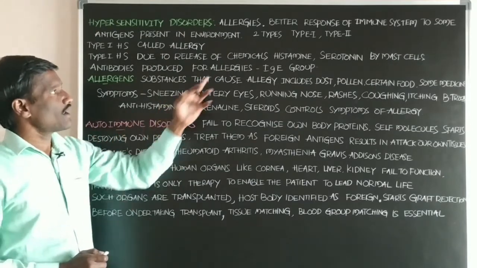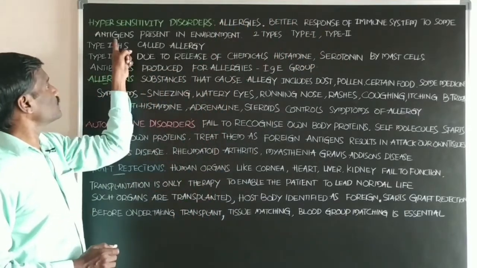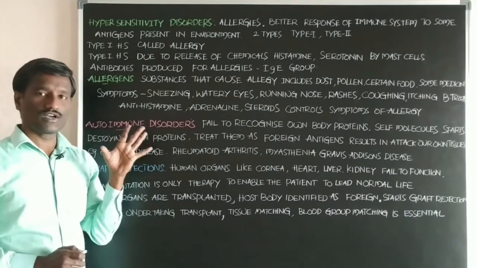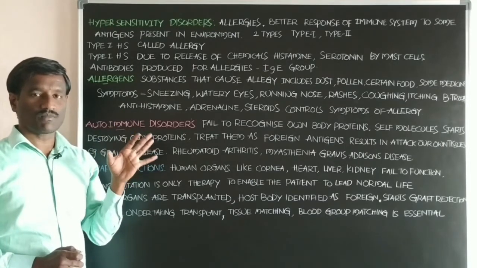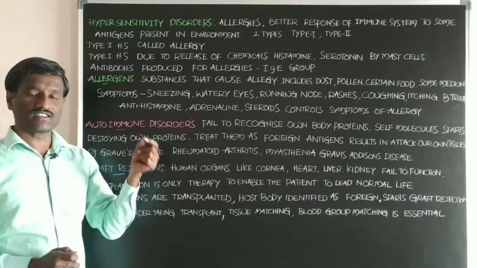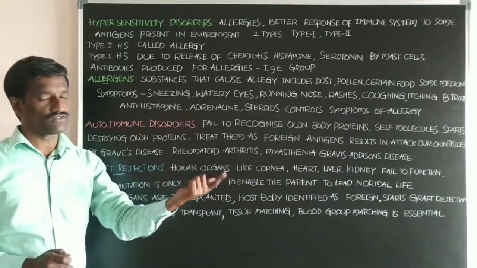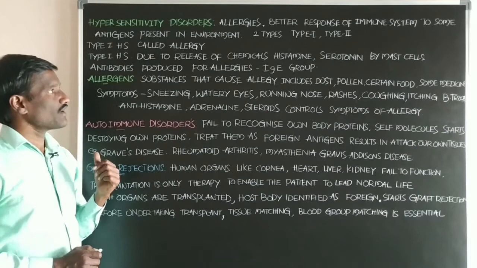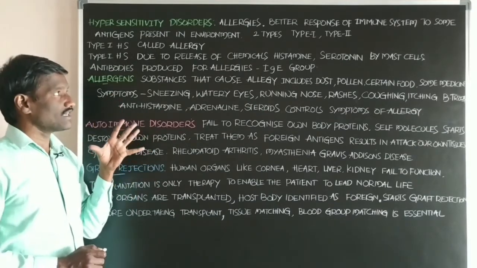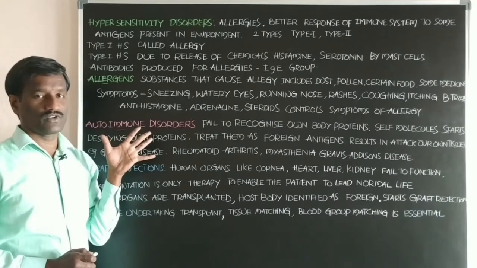Okay students. Next, there is an exaggerated response of the immune system to some antigens which are present in the environment. The body's immune system shows a response against these antigens present in the environment, and the immune response is exaggerated.